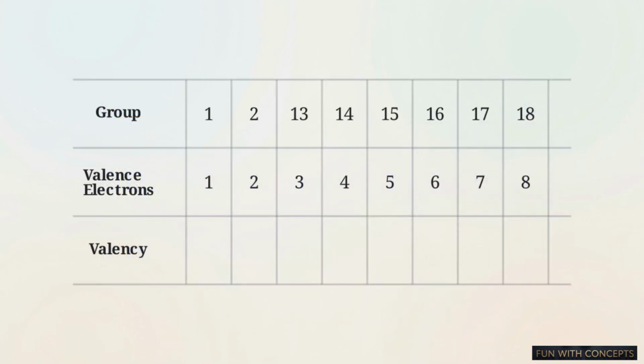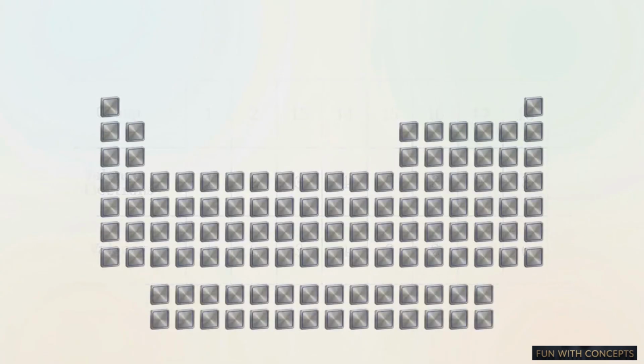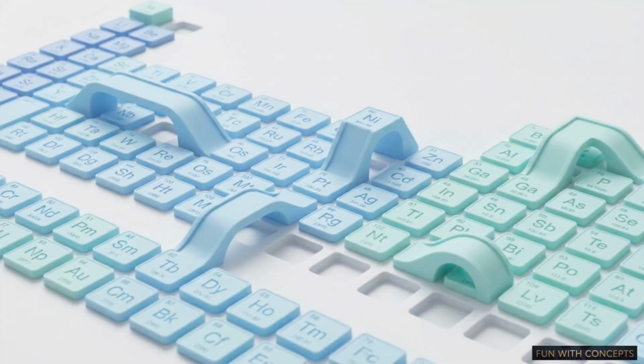This chart shows how to calculate valency directly from the table. If an element has 4 or fewer valence electrons, its valency equals that number. If it has more than 4, its valency equals 8 minus that number. In group 2, calcium and magnesium both have 2 valence electrons. Applying the rule for 4 or fewer, they both share a calculated valency of 2. The periodic table is a predictive engine for chemical reactivity.